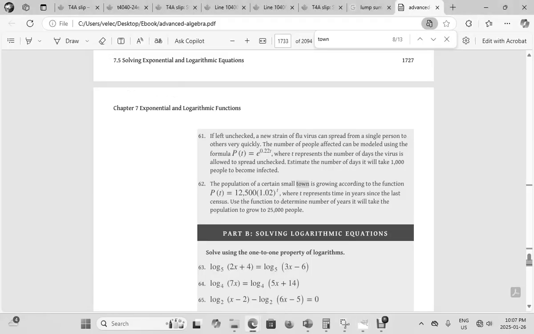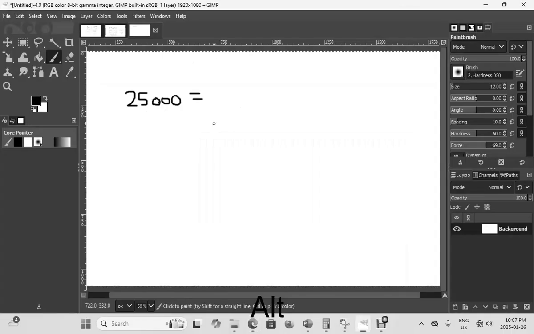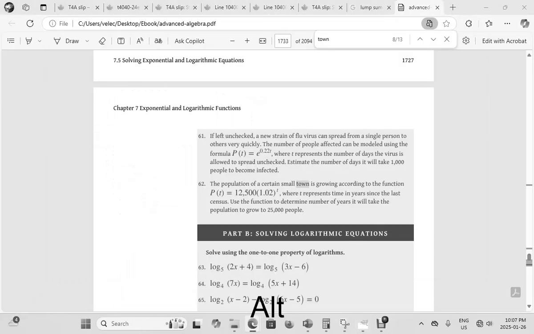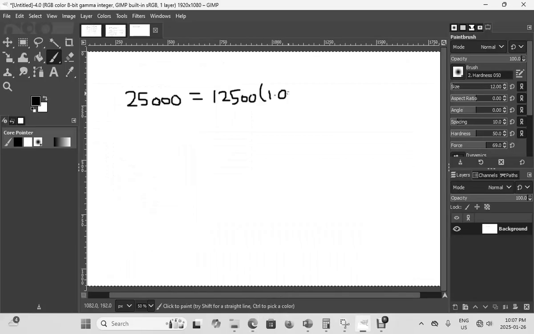So 25,000 equals 12,500 times 1.02 raised to t. Now we have 1.02 raised to t equals 25,000 divided by 12,500.